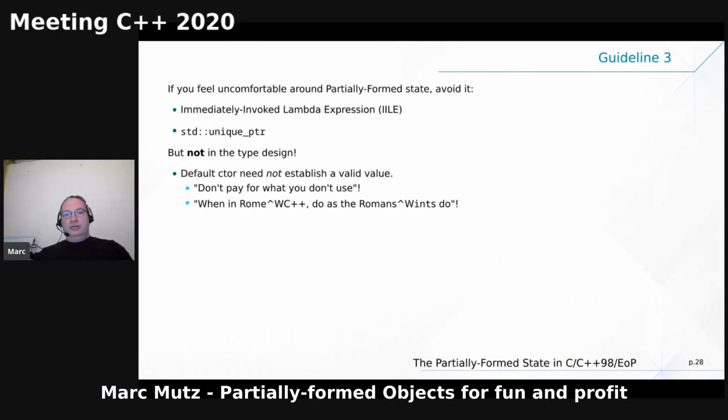But don't work around the partially formed state in the type design. The default constructor need not establish a valid value, because that would violate don't pay for what you don't use, right? And when in Rome, do as the Romans do, rather, when in C++, do as the ints do. An int doesn't do this, so your type also need not do this.